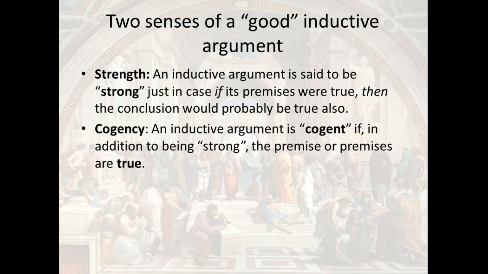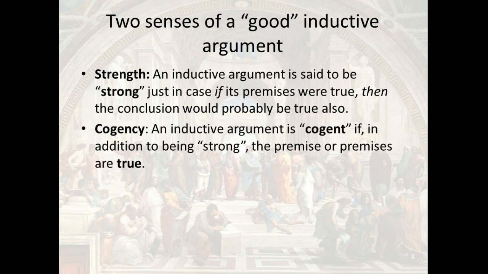So, for example, consider this argument. It's 85 degrees and sunny in Ocean City. The water temperature is comfortable and the sea is calm. Conclusion: it's a perfect day for a swim. But suppose there were several ominous dorsal fins seen breaking the surface of the water.